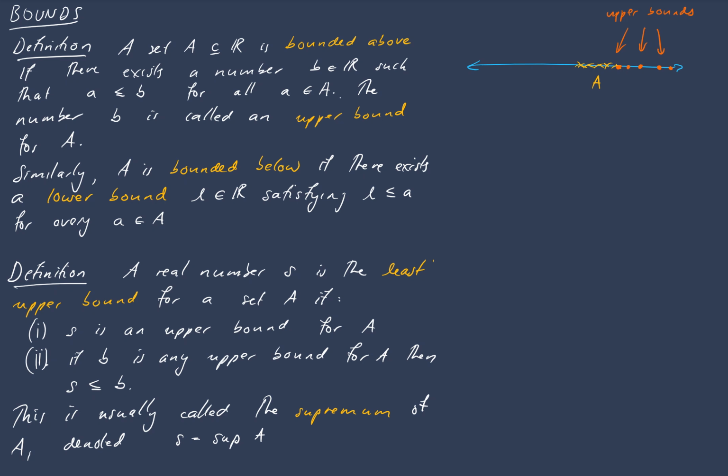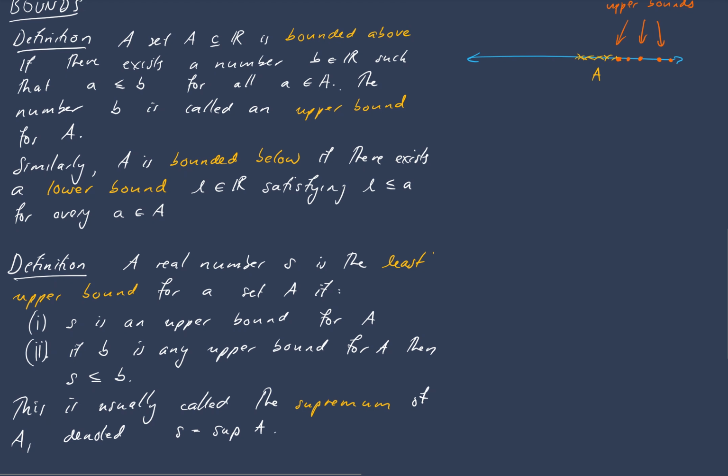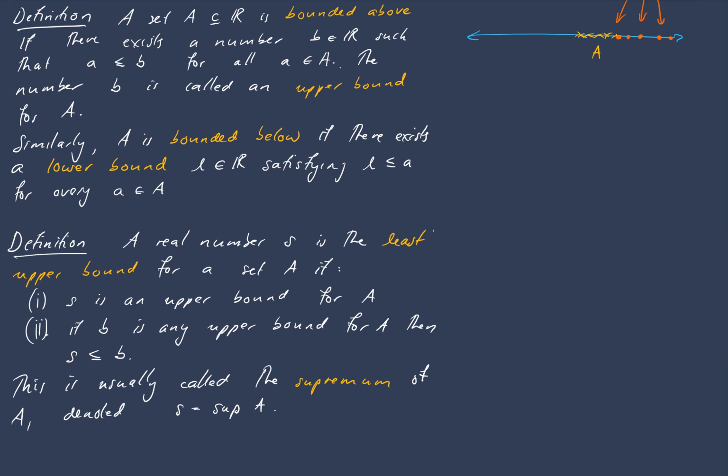Okay, and just like for upper bounds, we can define lower bounds as well, and the greatest lower bound is a similar thing. So the greatest lower bound, which is called the infimum, is defined similarly.